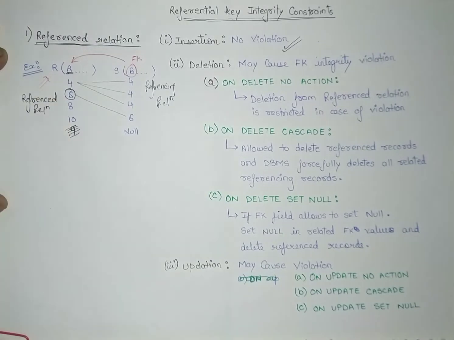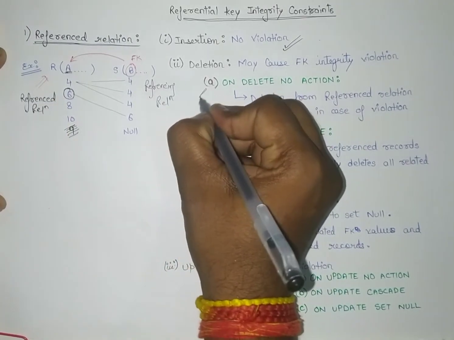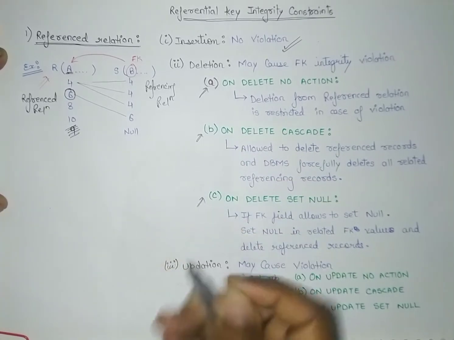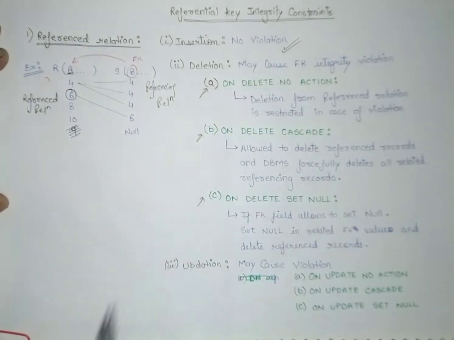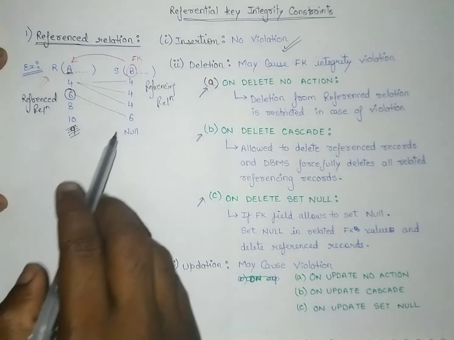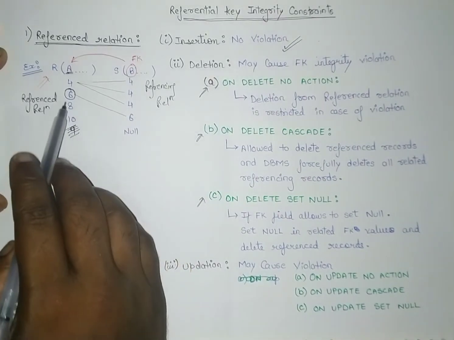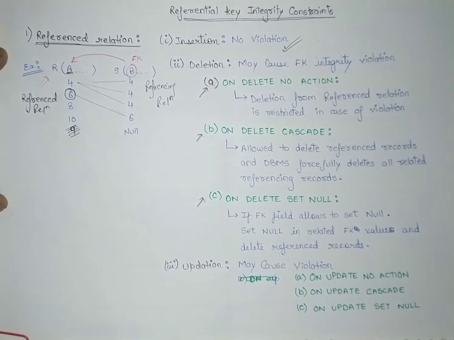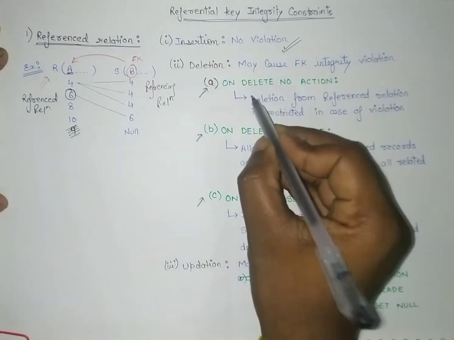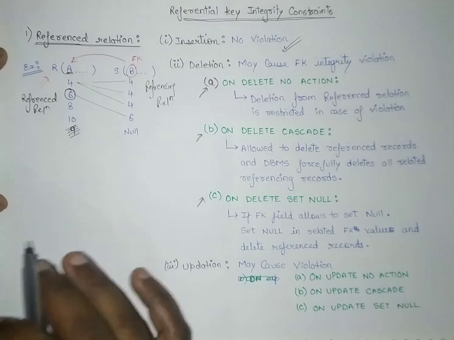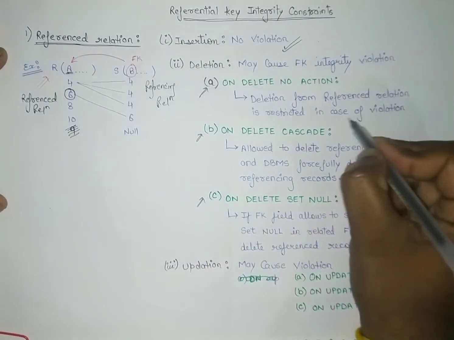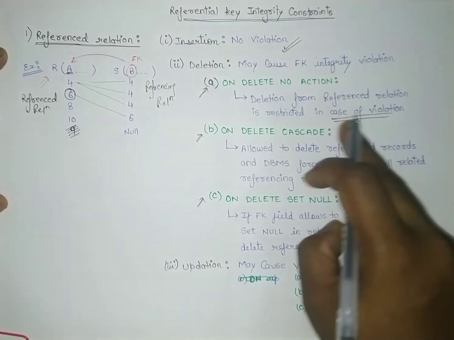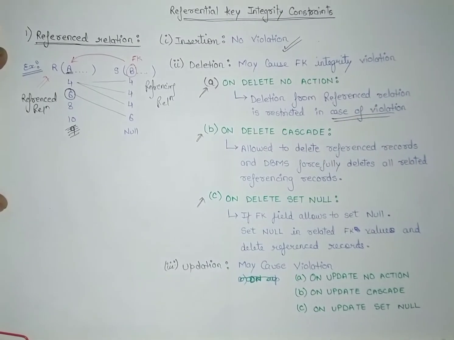To solve this kind of issue, there are three procedures. One is on delete no action. In case any issue is happening, for example if I try to delete this 6, in on delete no action, if there is any violation, we restrict the deletion.